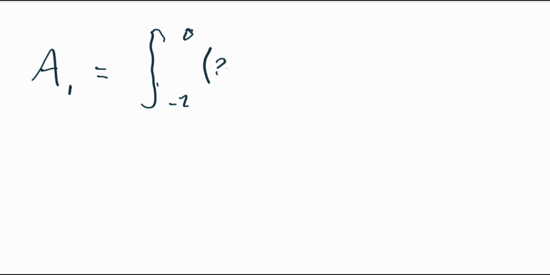Great. So now all we have to work out is area 1. Area 1 is going to equal the definite integral from -2 to 0 of the function 3x minus x squared. Great.